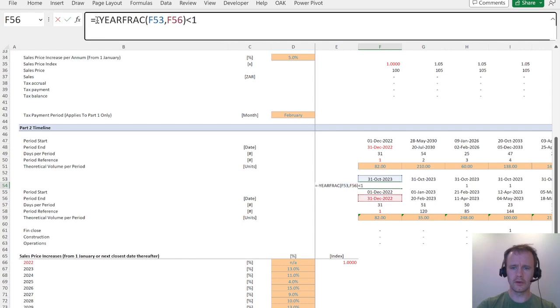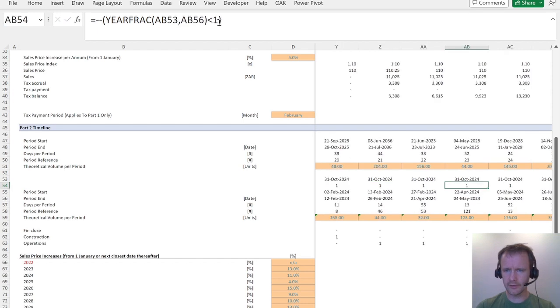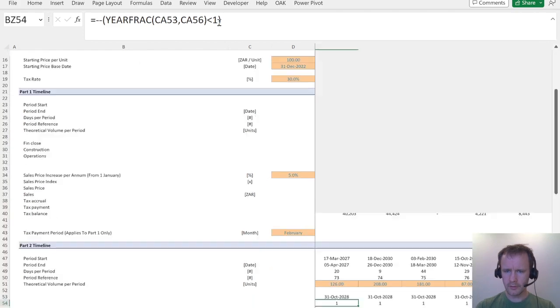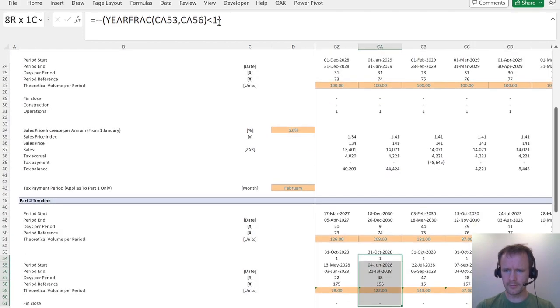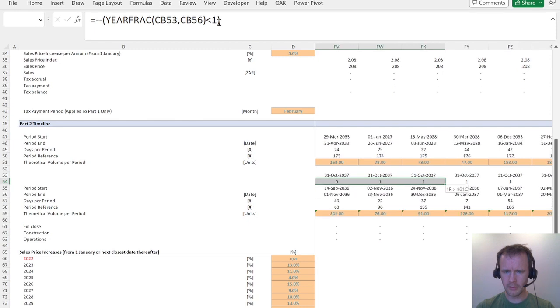I can't ever go forward more than a year. And that fails, so I've got a 0 here somewhere. Which presumably is for something ending on the 31st of October. Whoops, all right, wrong way. So Alt tab across. Minus 1, 1, 1, 1. There it is.